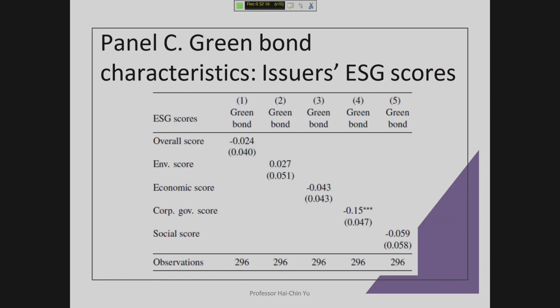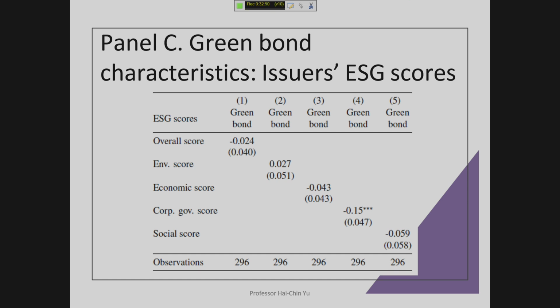So we can continue to see that green bonds have a positive environmental score, even though their total overall ESG score is negative, but higher in environmental score. And we have to be very cautious about their governance score being negative.